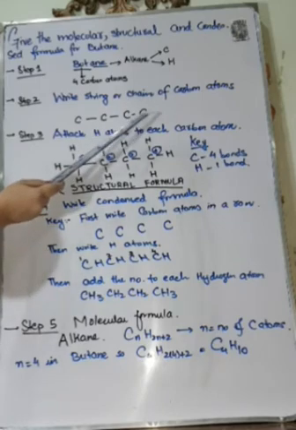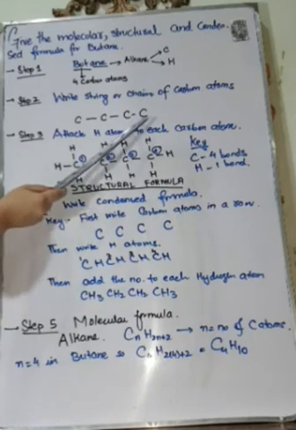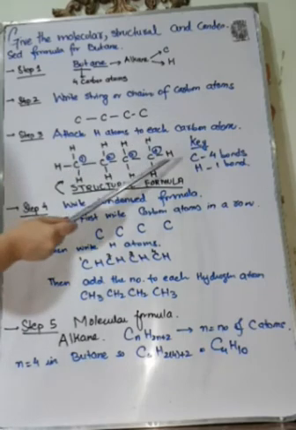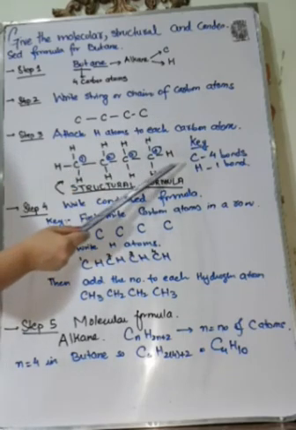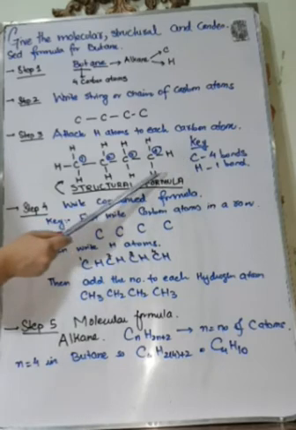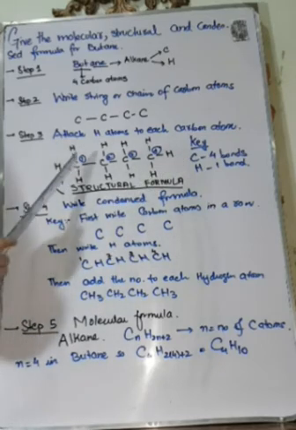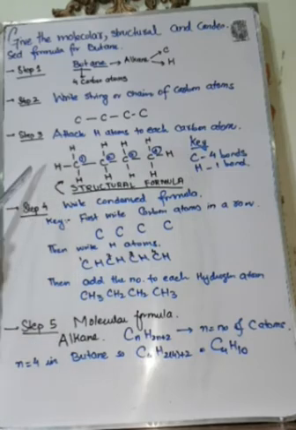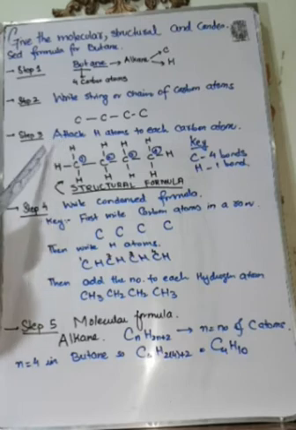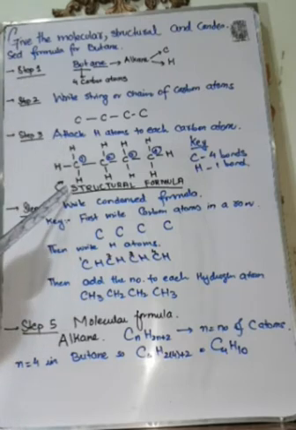So in order to complete its valency, we need to draw 3 more hydrogen atoms. So this carbon atom contains 3 hydrogen atoms attached to it. When we attach the hydrogen atoms to each of the carbon atoms, you may see that the valency of each carbon as well as the hydrogen atom has been satisfied. So this is the structural formula for butane.